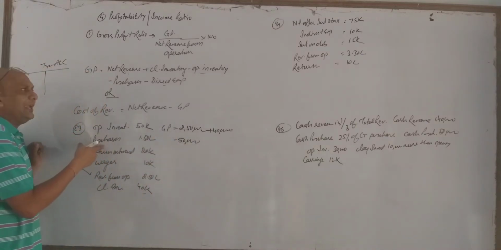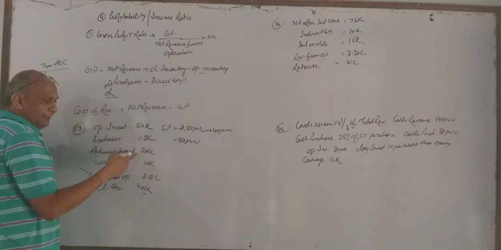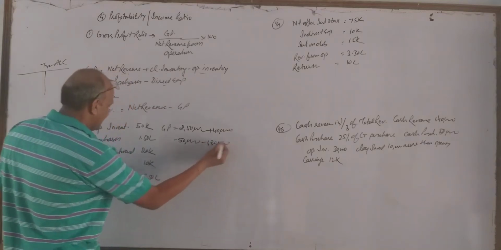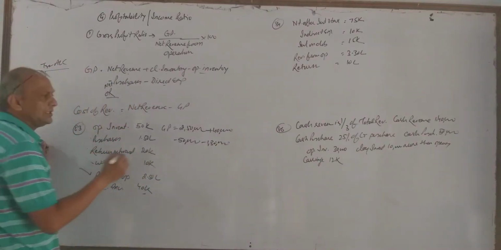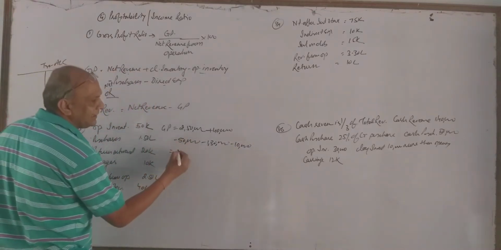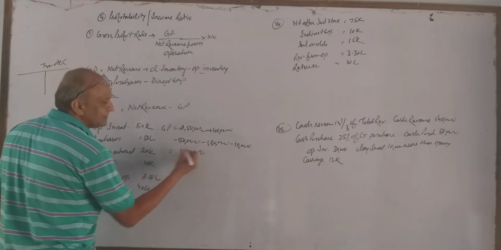We will be taking net purchase: 1,50,000 minus 20,000, that is 1,30,000, and then we have wages 10,000 as direct expenditure. So in this way 290 minus 190, it comes 1 lakh rupees.